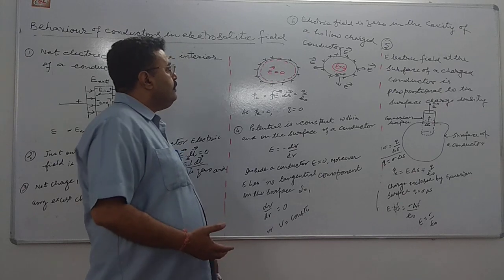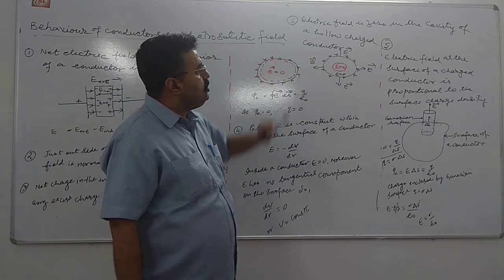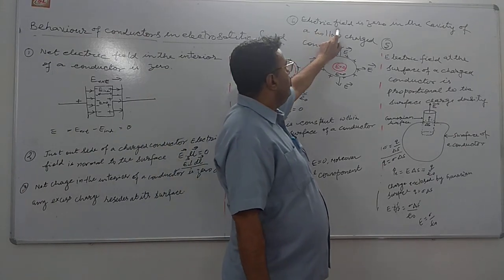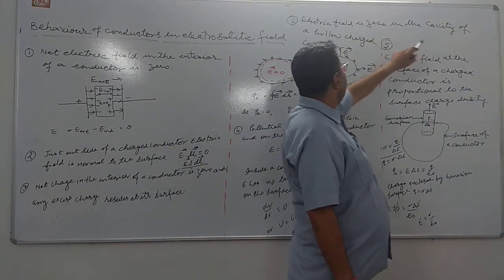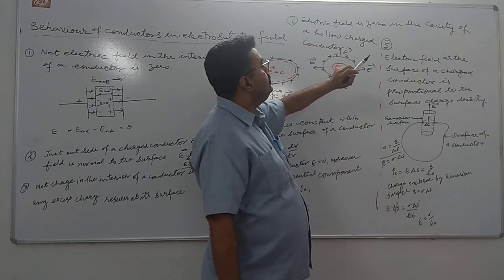Then the sixth point, which is also very important: the electric field is zero in the cavity of a hollow charged conductor. Suppose this is a conductor, and we consider a cavity inside it. Inside the conductor the electric field is always zero, as we proved earlier.